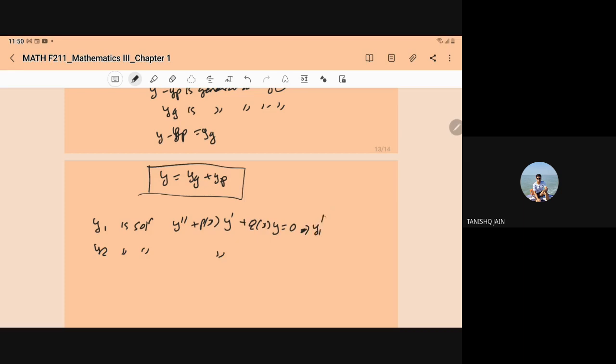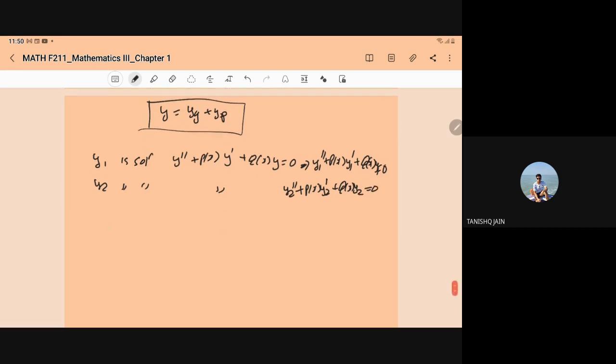So y1 double dash plus p(x) y1 dash plus q(x) y1 is equal to 0, and y2 double dash plus p(x) y2 dash plus q(x) y2 is equal to 0.